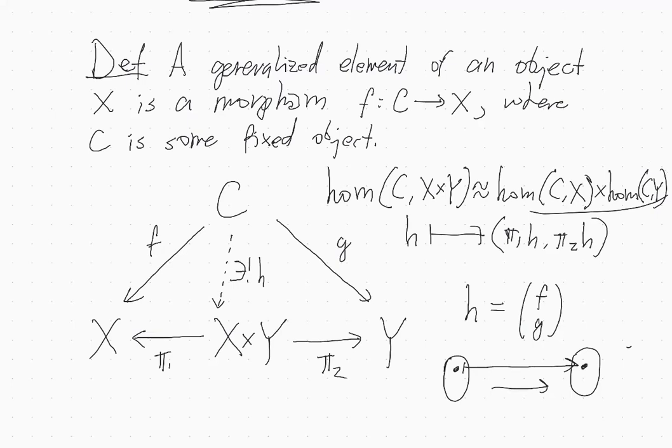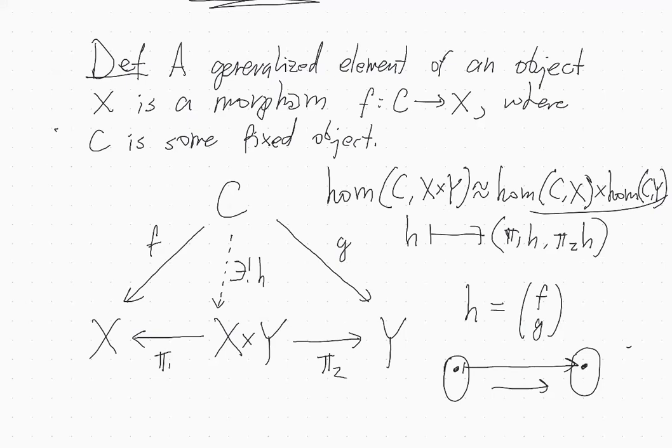But now, linking this with generalized elements, if I look at the left-hand side of this bijection, in the language of the generalized elements, these are generalized elements of x cross y. On the other hand, on the right-hand side, we have generalized elements of x, Cartesian product with generalized elements of y.